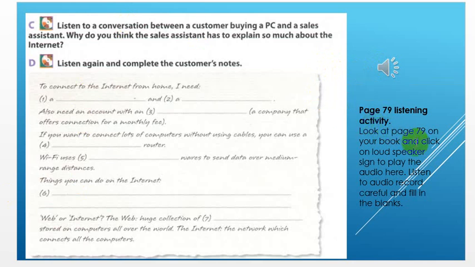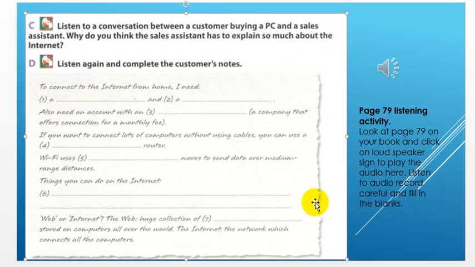Then look at page 79 in your book and click on the loudspeaker sign again to play the audio here. Listen to the audio recording carefully and fill in the blanks. This is the listening activity.